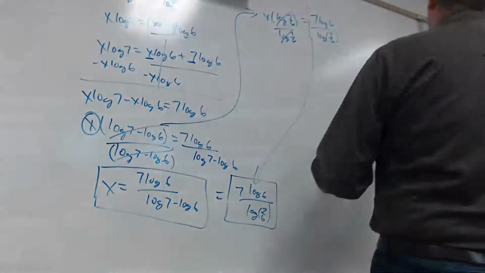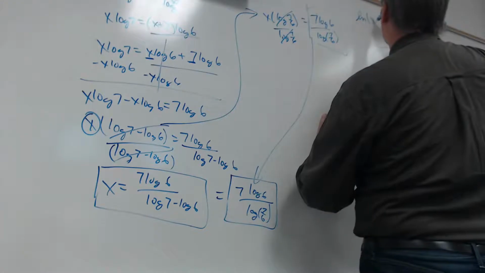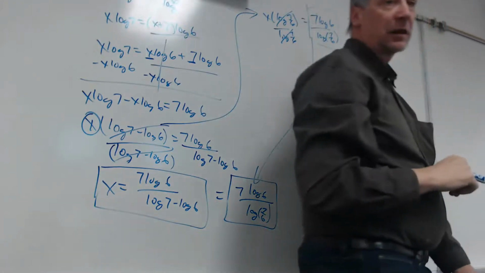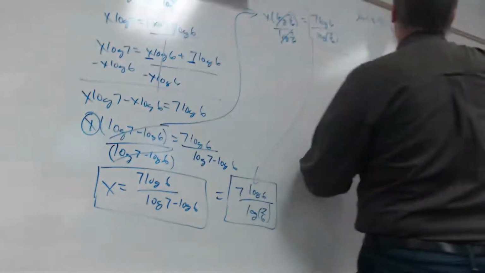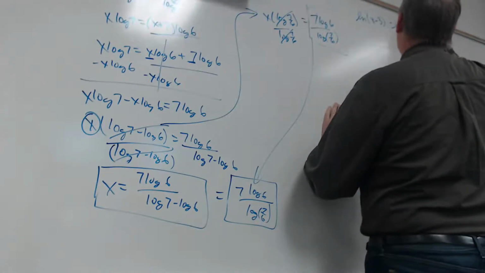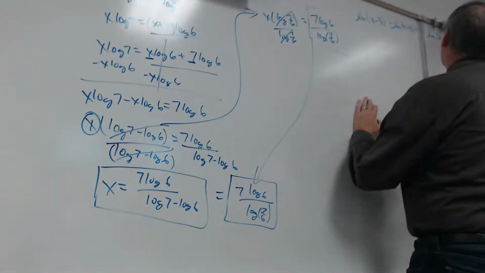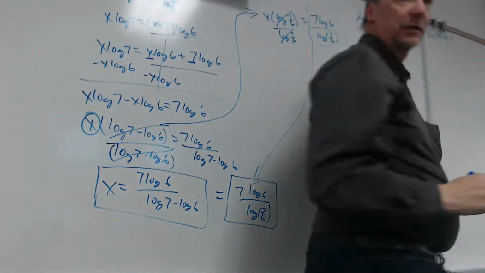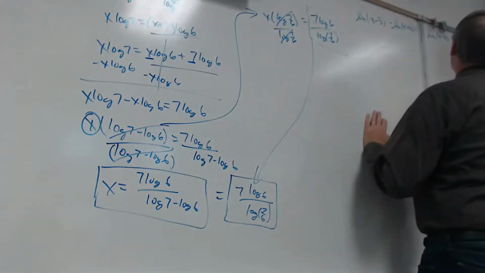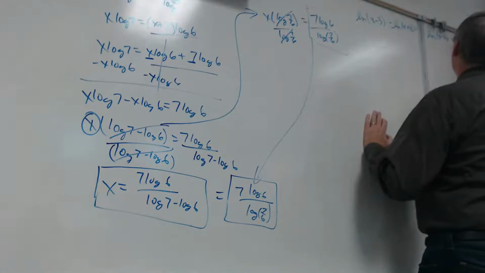All right, 13. The ln of x minus 3 minus the ln of x plus 8 equals the ln of x minus 6 minus the ln of x plus 8.